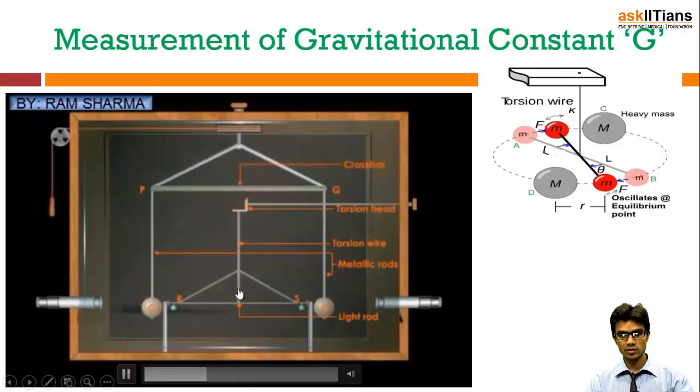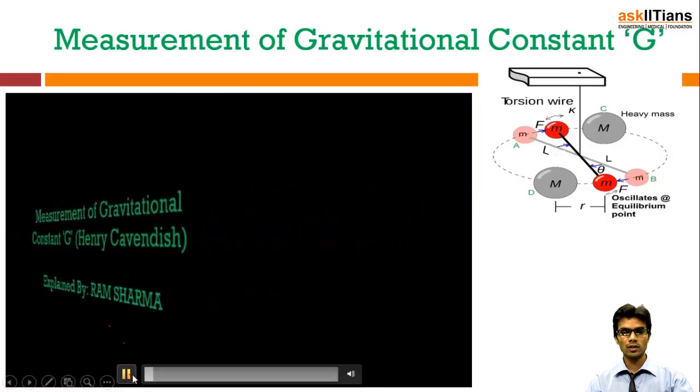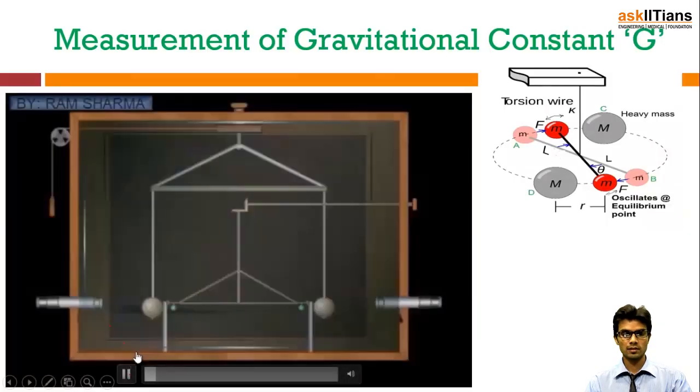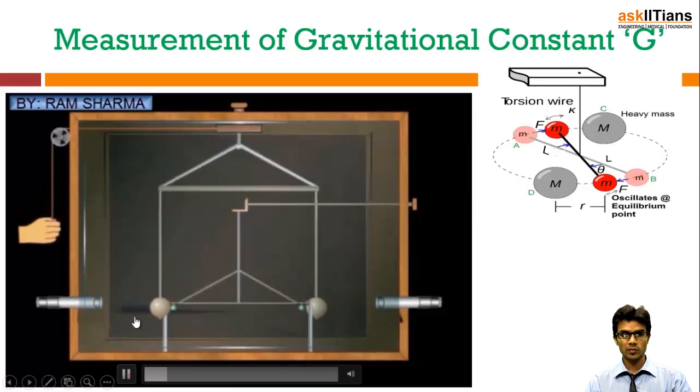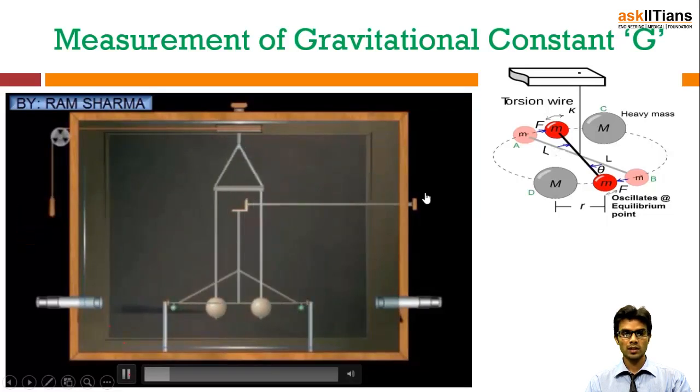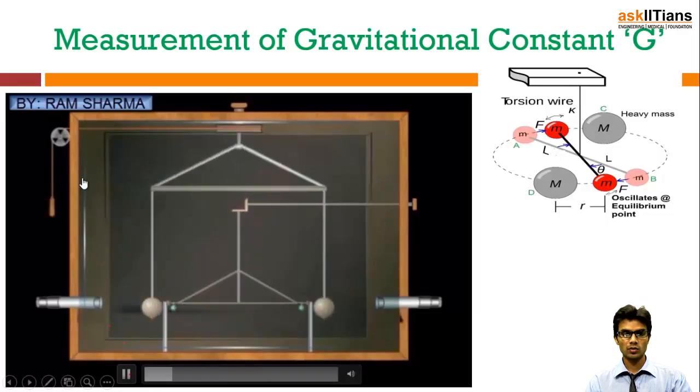Now it rotates, and the masses PQ and RS are in a straight line.